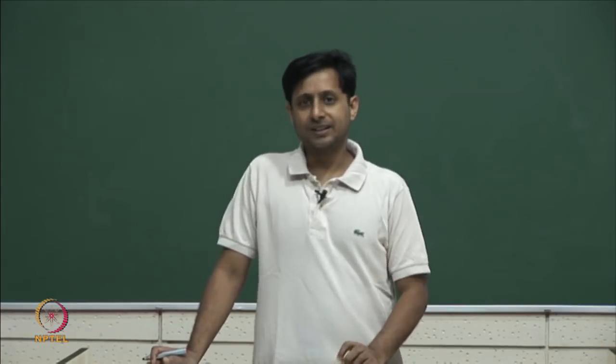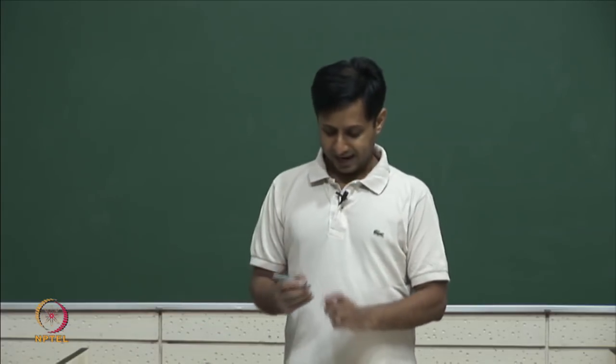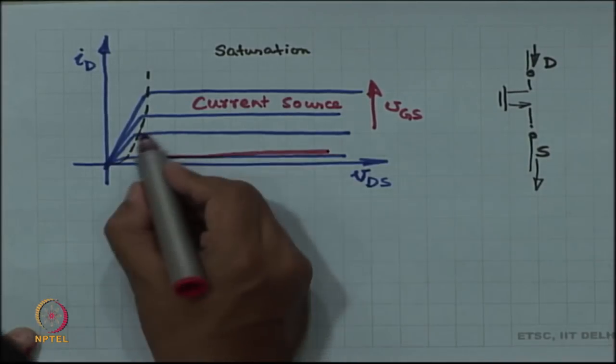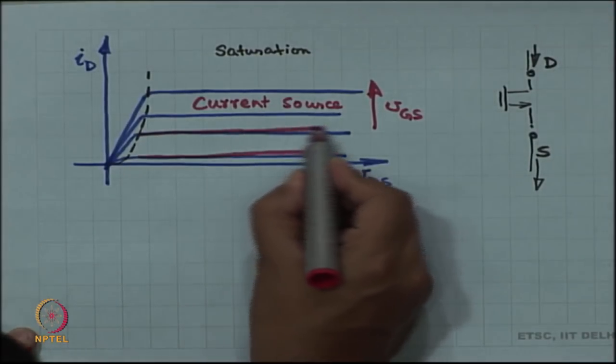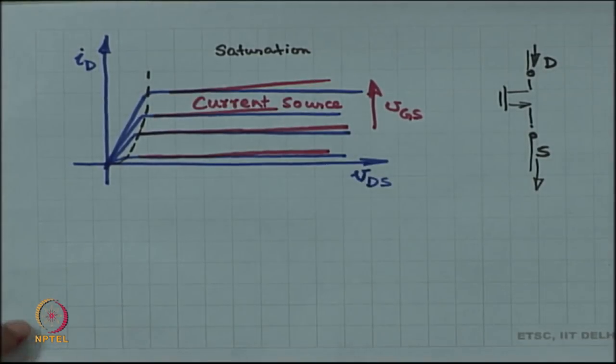Of course, then you say that the device manufacturer can't make an ideal MOSFET, and invariably he is going to give me some slope to this curve, some slope to this curve, and so on. So, it is not going to be an ideal current source, the current will change slightly. All right. So, this is the general idea. Okay.